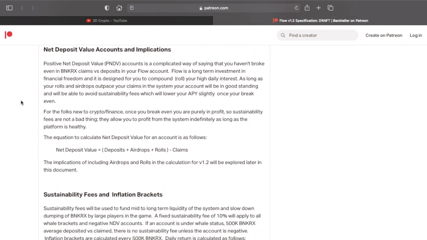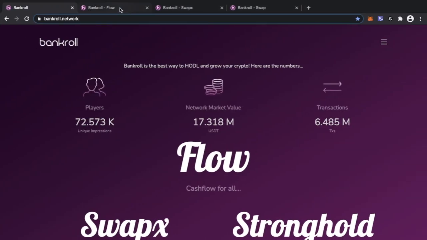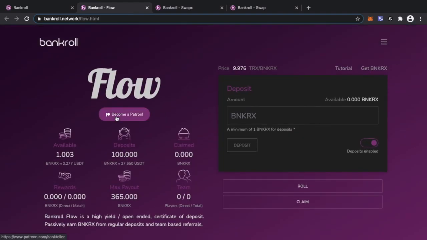So the biggest thing is net deposit values is going to become very important. So net deposit values, it's very simple. So let me head on over to a Flow account and show you. So net deposit. The two numbers you need to take into account are deposits and claimed. So if this deposits number is bigger than your claimed number, you are in a net positive state.